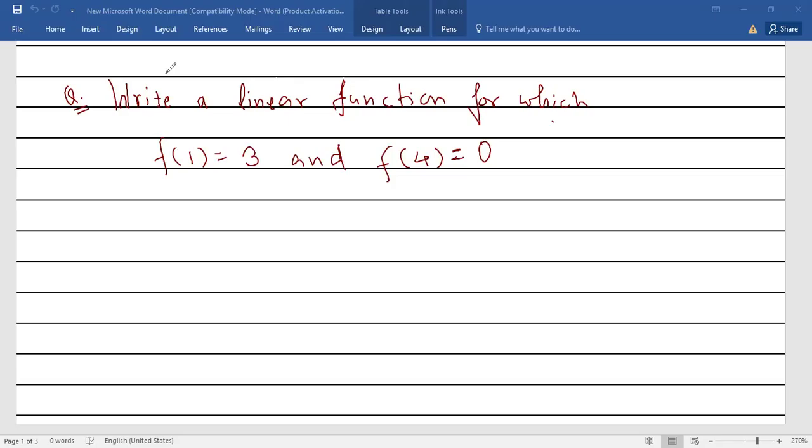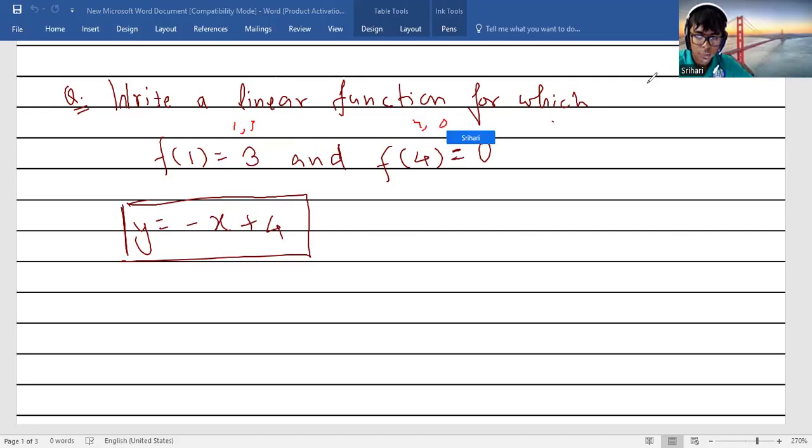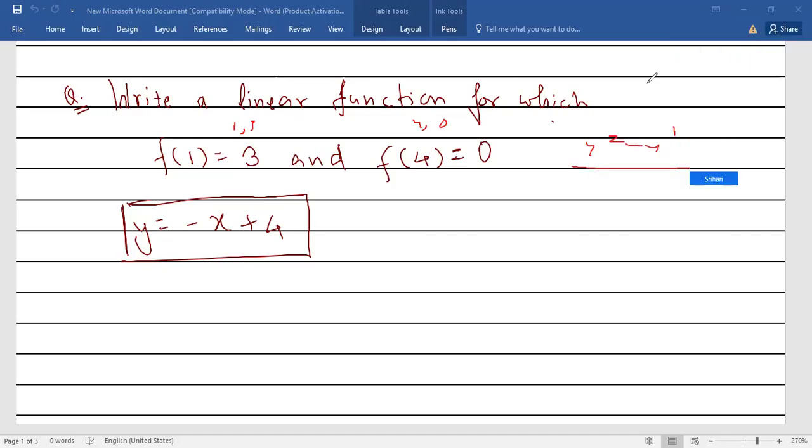The answer I got was y equals negative 1x plus 4. Y is equal to negative x plus 4. Yes, that is 100% correct. Tell me what you have done. First I solved for the slope. You have the point (1, 3) and the point (4, 0). I used the formula (y2 minus y1) over (x2 minus x1).